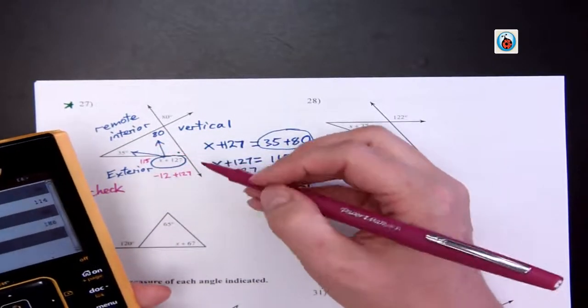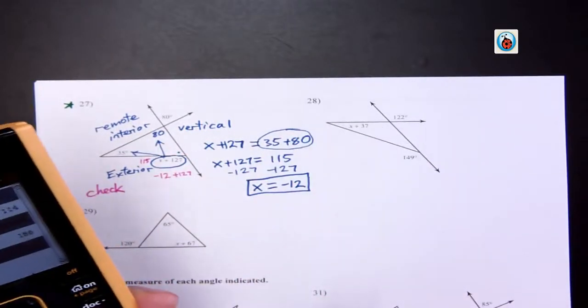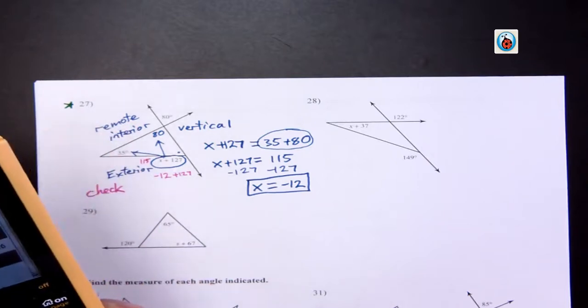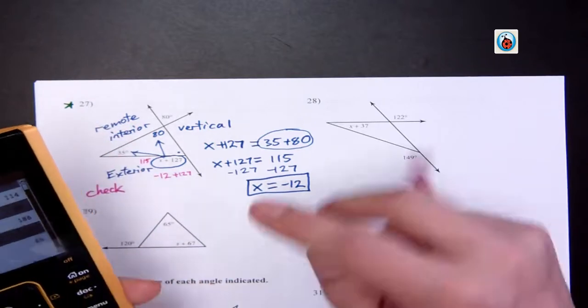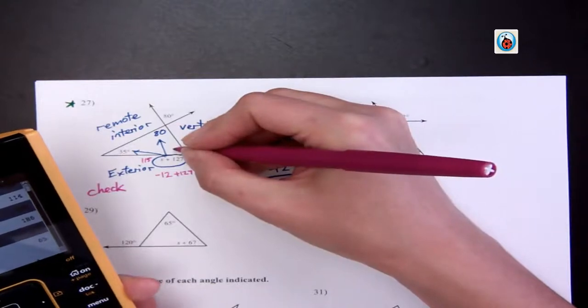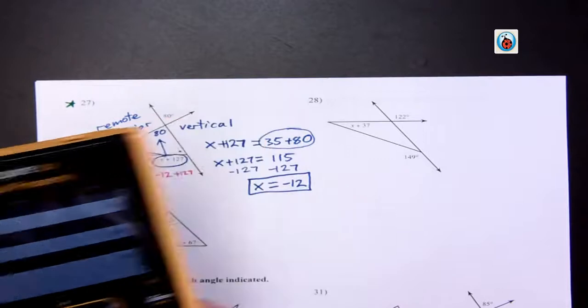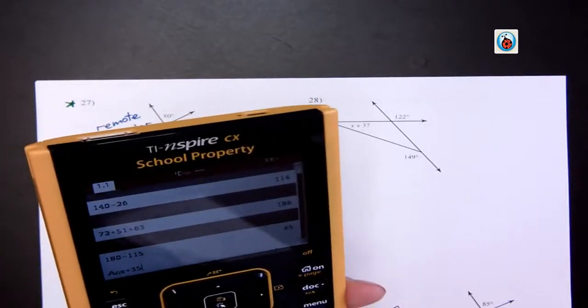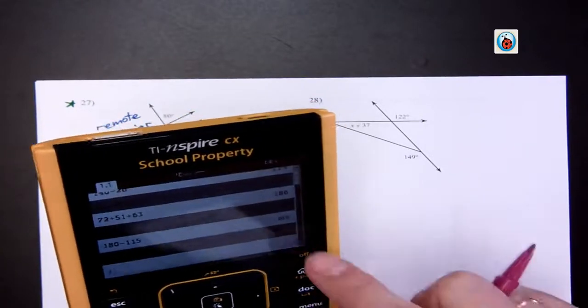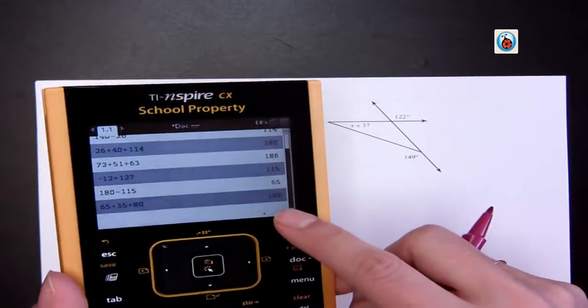I can also then check my 180 minus 115 to find out this inside angle is 65, and then check the 65 plus 35 plus 80 to find out that all those angles do add up to 180.